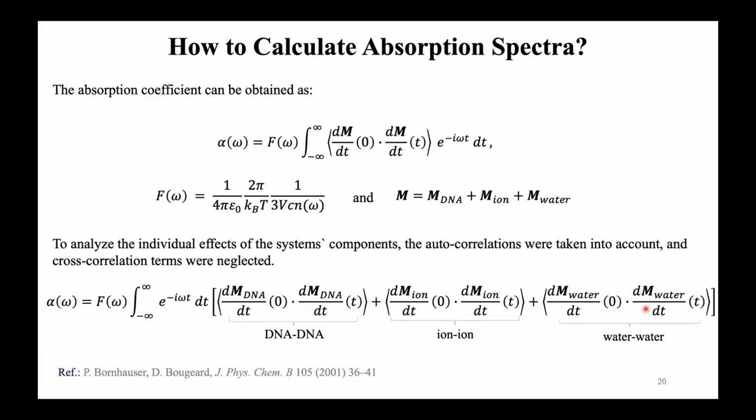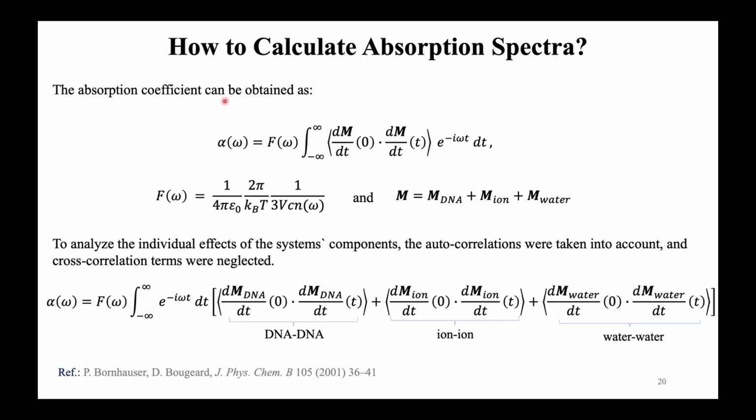To analyze the obtained MD trajectories and study the vibrational dynamics of the modeled systems, we first computed the absorption spectra, which can then be directly compared with experimental vibrational spectra.